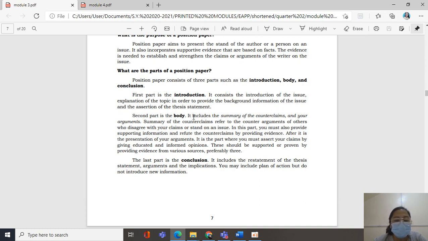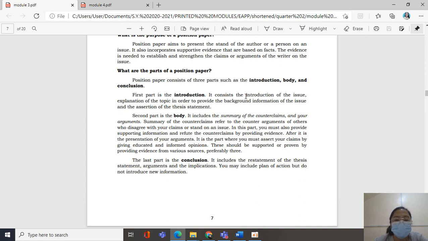So basically, the introduction is your lead, and make sure that this catches the attention of your target readers. You have to define your issue and provide a thorough background on it. And aside from that, you'll be providing a general statement of your position through a thesis statement.